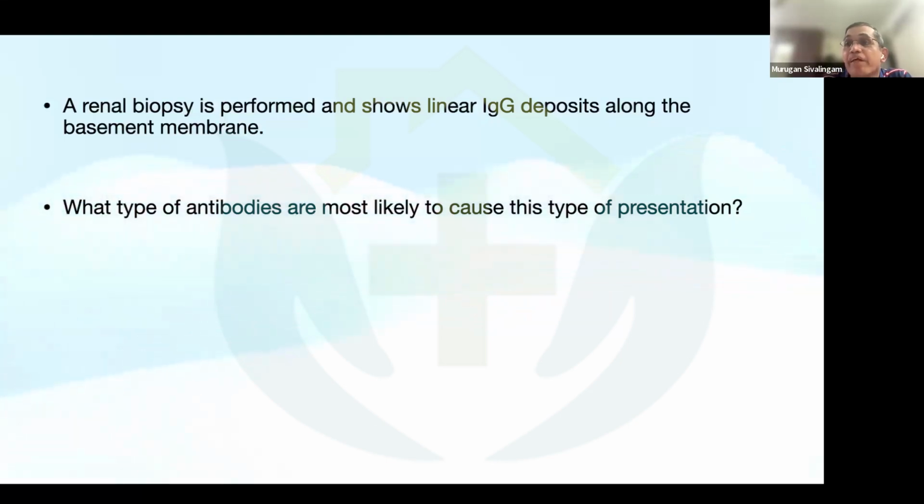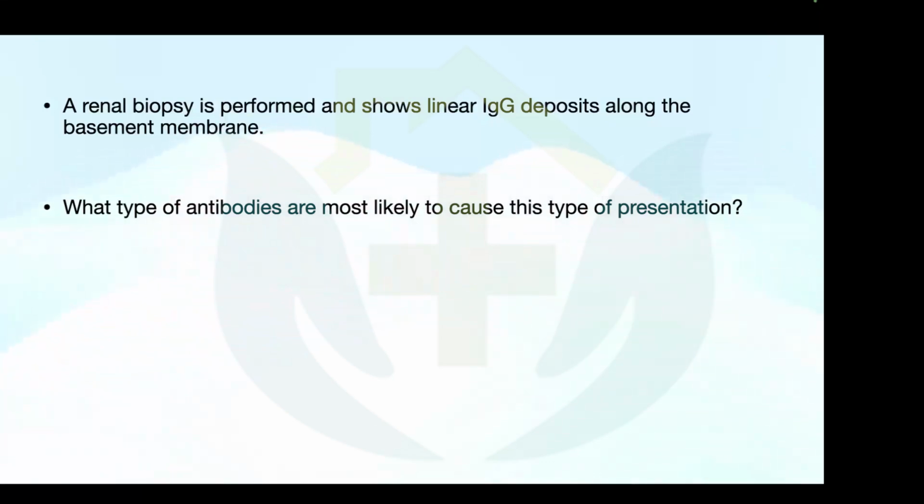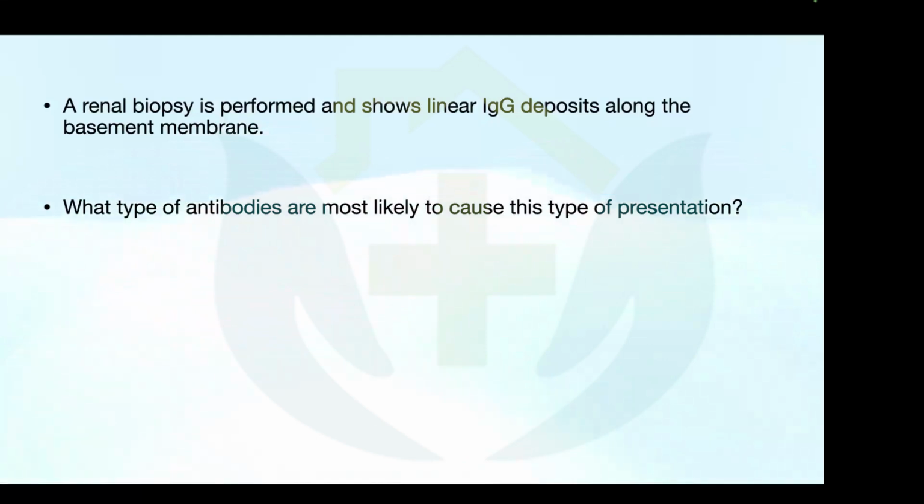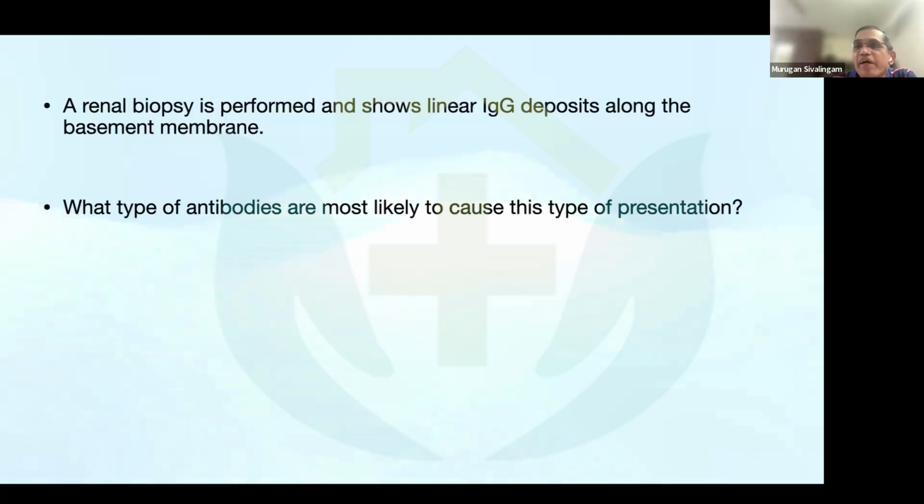Because if you look at the light microscopy, what will they both have? In light microscopy, usually it's a rapidly progressive picture. Crescentic glomerulonephritis. That's right. So with the light microscopy, one cannot distinguish between Goodpasture's or ANCA-positive vasculitis.